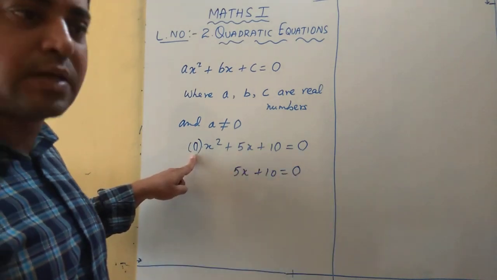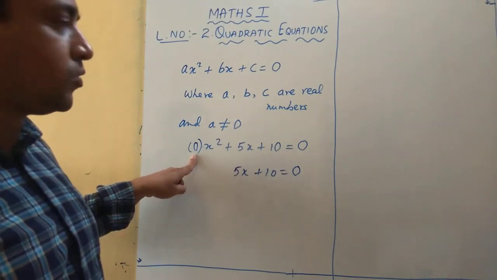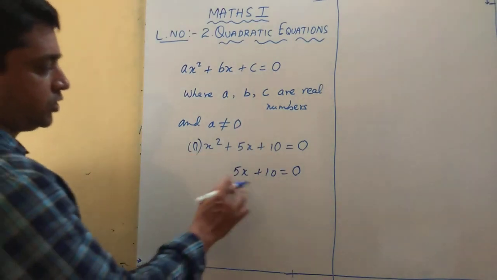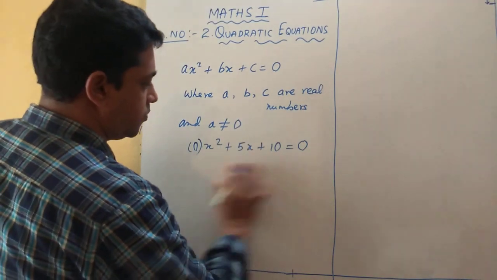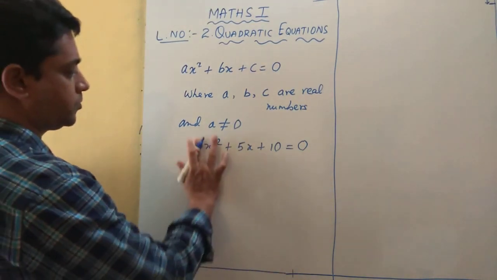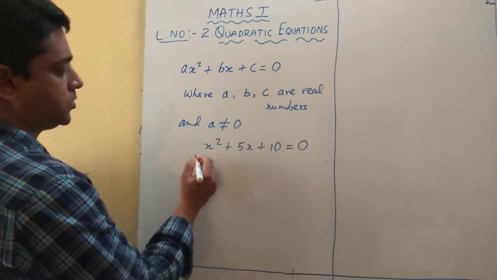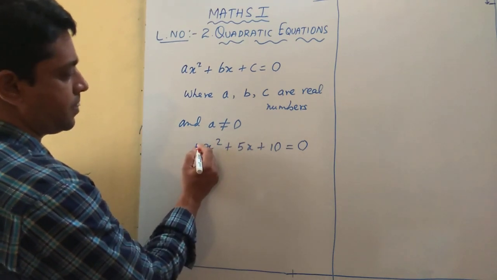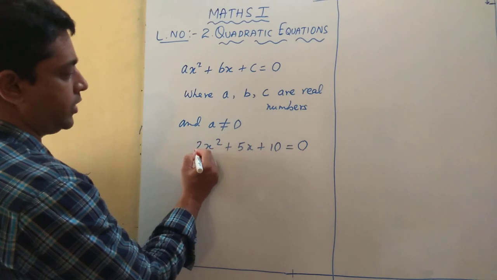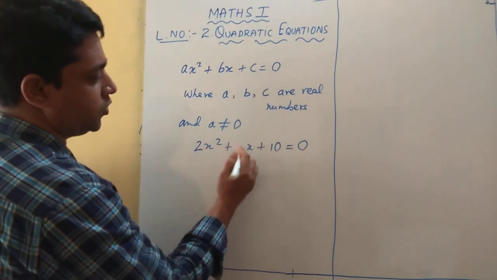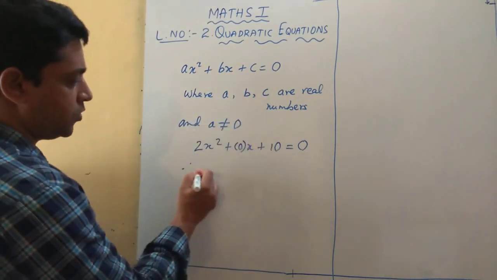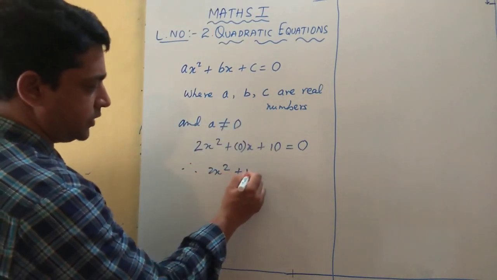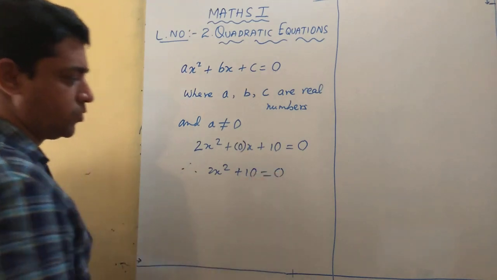B, for example, I'll take now b as 0. So instead of a as 0, I'm taking b as 0. What do you get now? Suppose I'll take here again 2x square and I'll substitute 0 in place of b. Your new equation will be 2x square plus 10 is equal to 0.